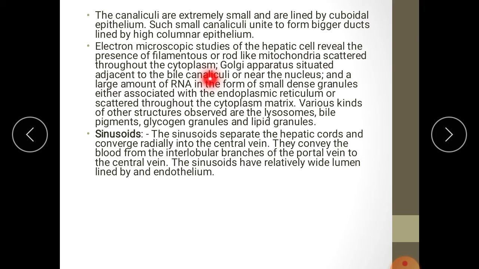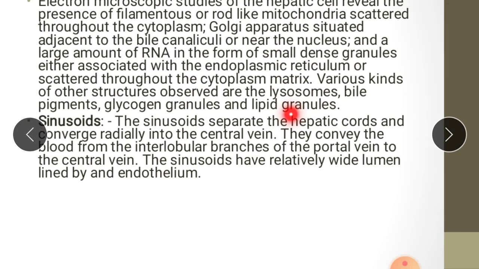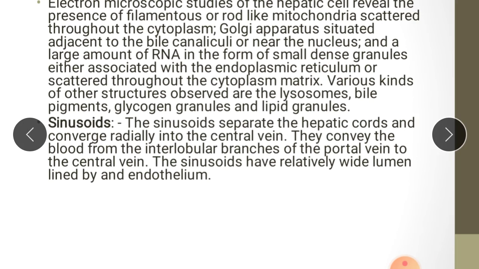They have rod-shaped mitochondria, Golgi apparatus situated adjacent to the bile canaliculi or near the nucleus, and a large amount of RNA in the form of small dense granules, either associated with the endoplasmic reticulum or scattered throughout the cytoplasm matrix.